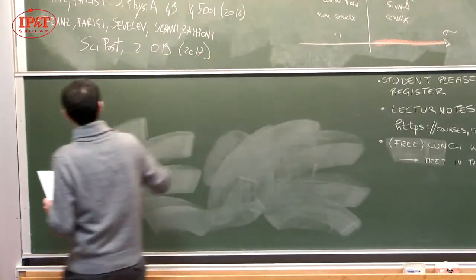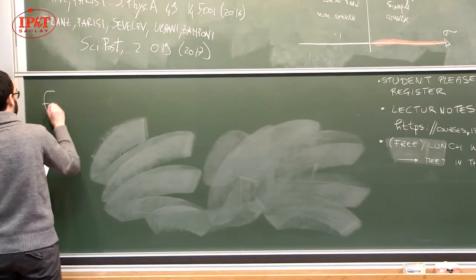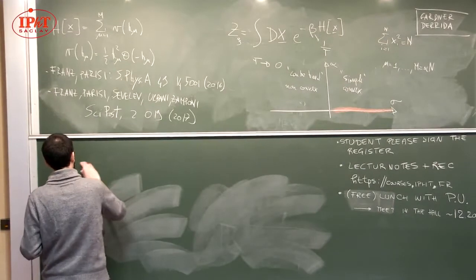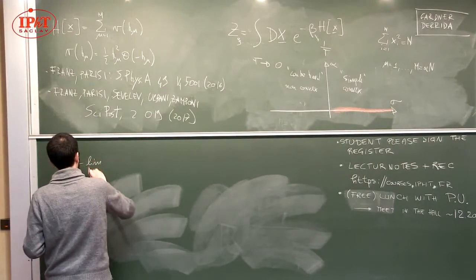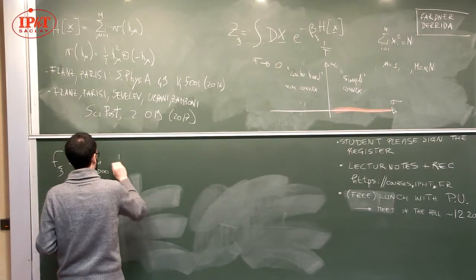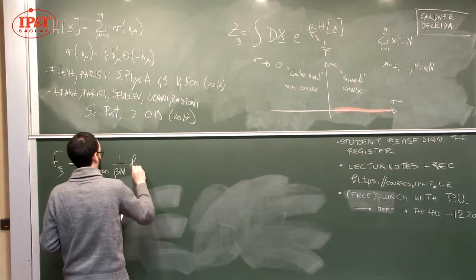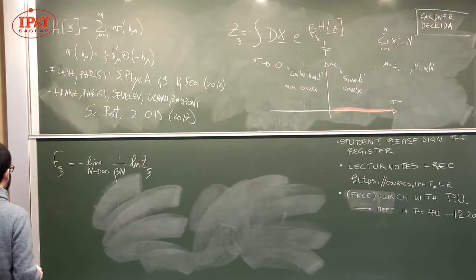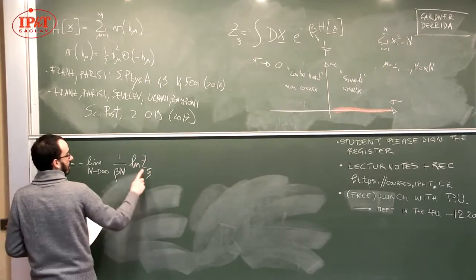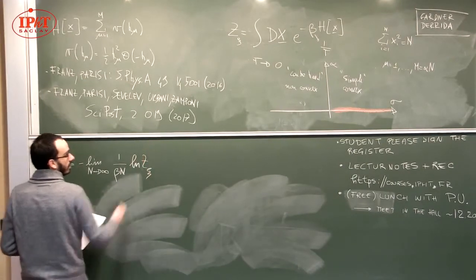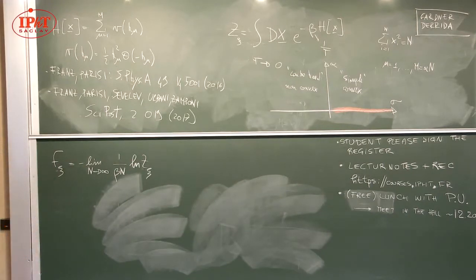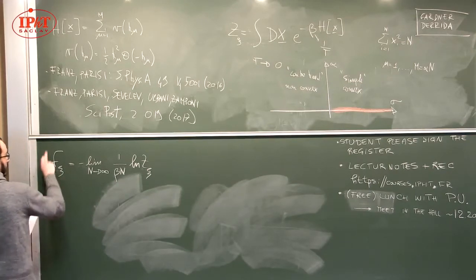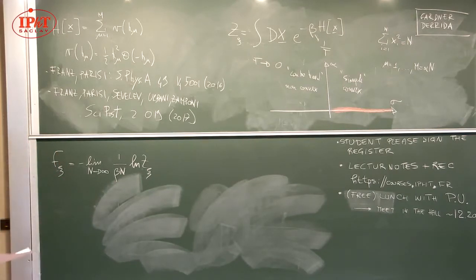So since we have the partition function, we can define the free energy. This depends on the disorder because the partition function depends on the random vectors. But what we would like to compute is the average of this thing, and the reason is that we are interested in the typical behavior.